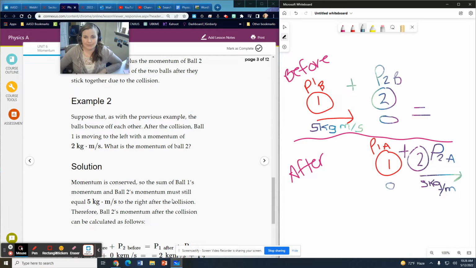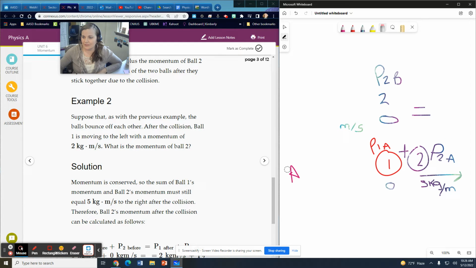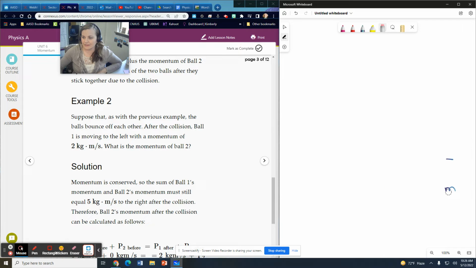Let's look at example 2. Suppose that, as with the previous example, the balls bounce off each other. After the collision, ball 1 is moving to the left with a momentum of 2 kilogram meters per second. What is the momentum of ball 2? So we're going to erase all this and give that one another go.